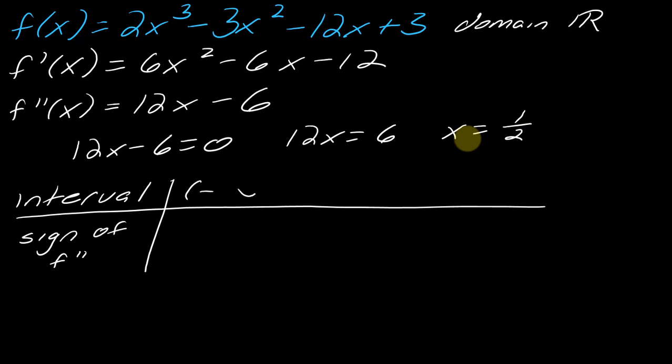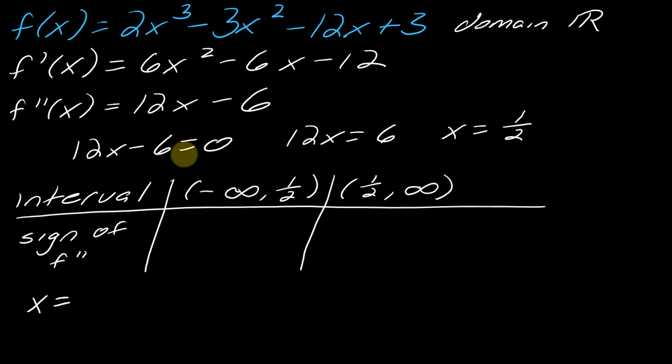Okay, so now I'm going to break this up with this potential inflection point. My two intervals, in a very similar manner to the first derivative test, are broken up around this potential inflection point. Now I need to figure out the sign of f double prime, so just like before, you use a test point. For the first interval, let's choose x equals 0.